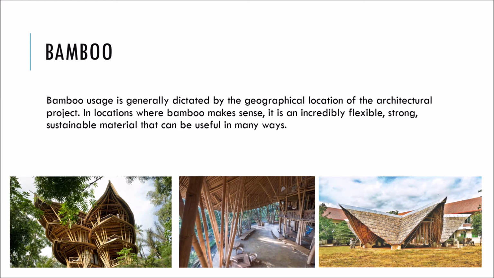In locations where bamboo makes sense, it is an incredibly flexible, strong, sustainable material that can be useful in many ways. So bamboo is a material that is very trendy lately and can be used in many buildings, villas, houses, schools, and so on.